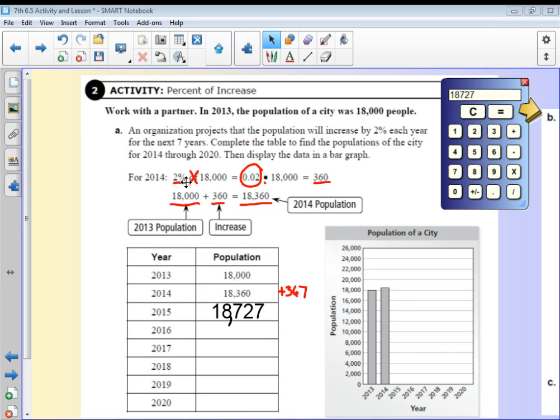Since I already have the 18,727 in my calculator, I'm going to take that times our percent, 2%, so 0.02. My calculator won't let me do that, so I have to push 0.02 times 18,727, and it gives me 374.5.